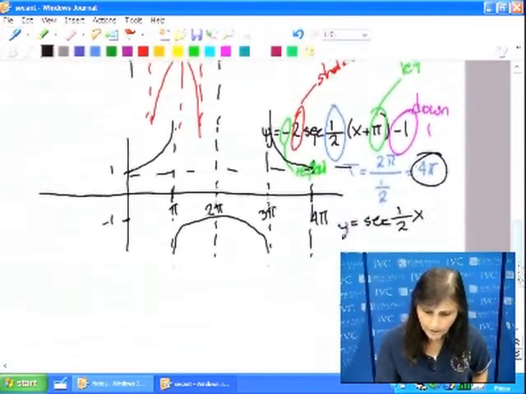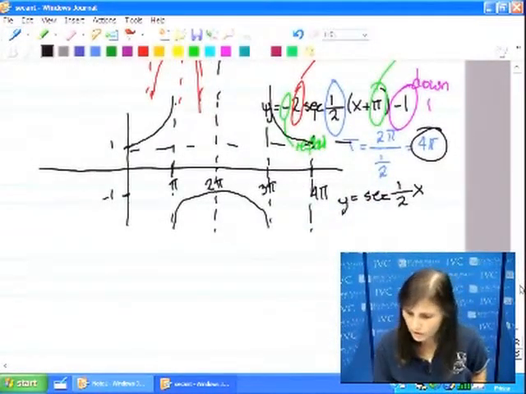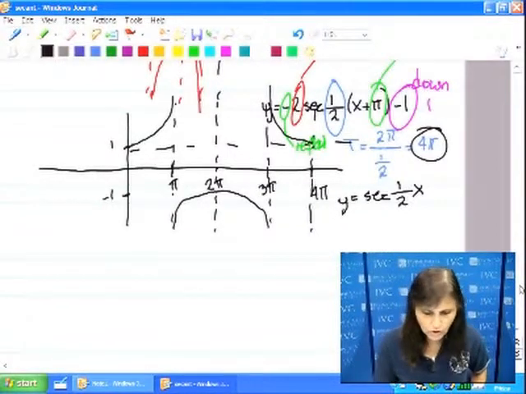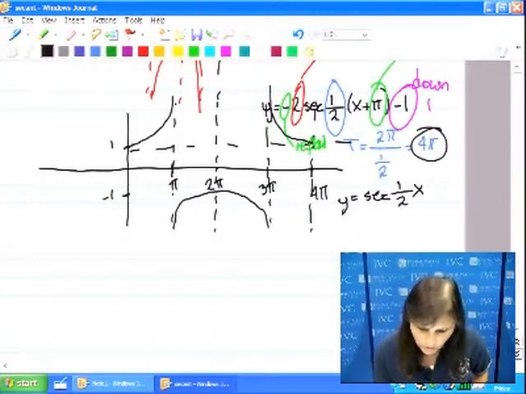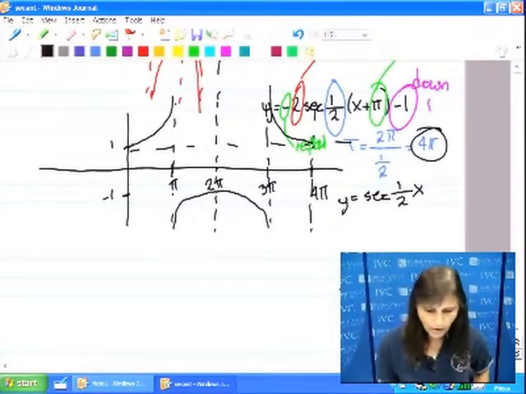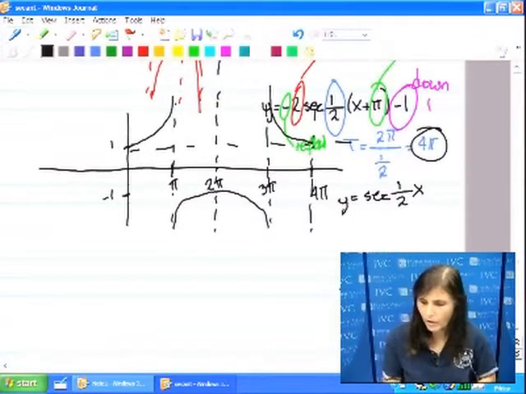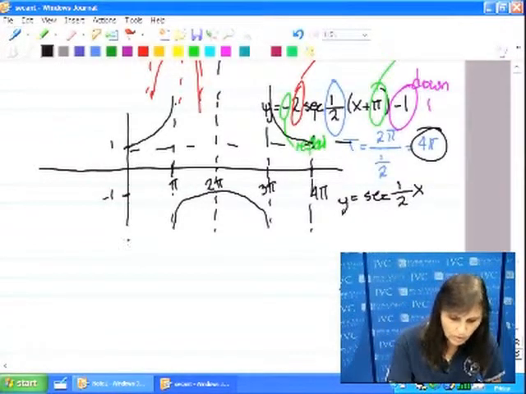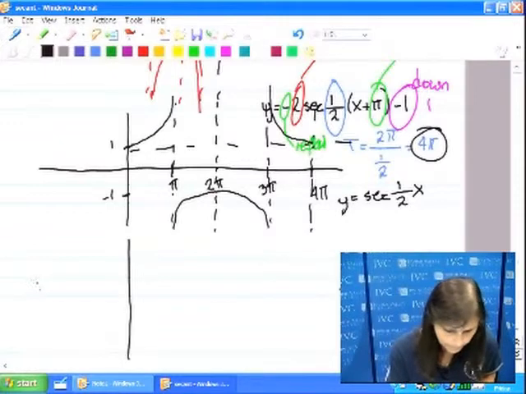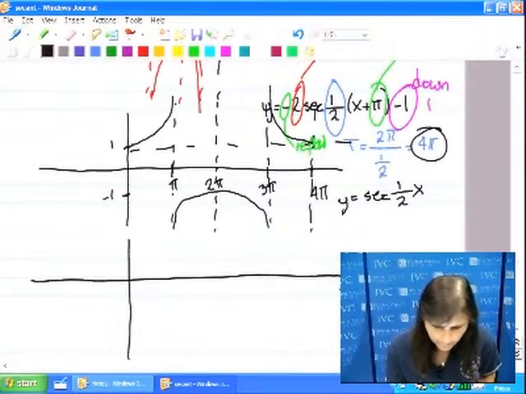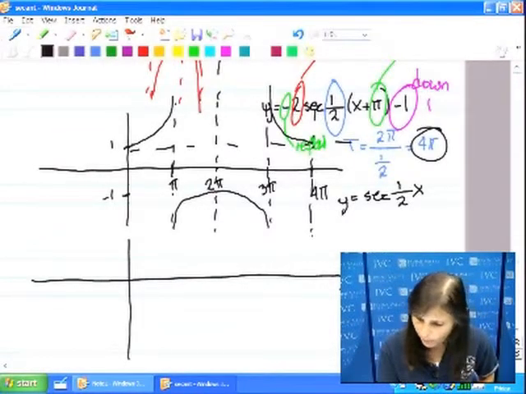Now that I have that picture, I'm going to do a phase shift. So let's do y equals secant of 1/2 x plus pi. Remember how that works? It used to be here at 4 pi.